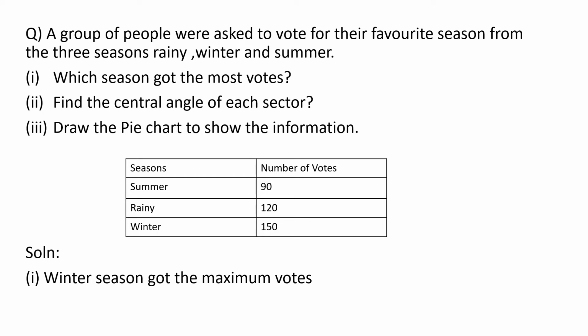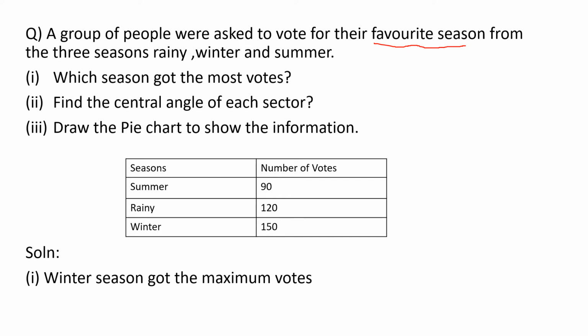A group of people were asked to vote for their favorite season, from the three seasons. What are the three seasons? Rainy, winter and summer. So the first question: which season got the most votes?